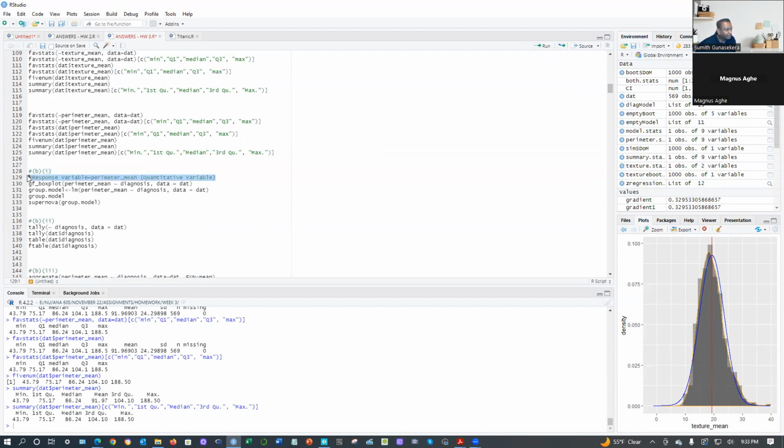Perimeter mean, the quantitative variable, and this one is the explanatory variable. Response means y equals perimeter mean. The other one is the explanatory variable, which is x. X is not perimeter mean, it's diagnosis.